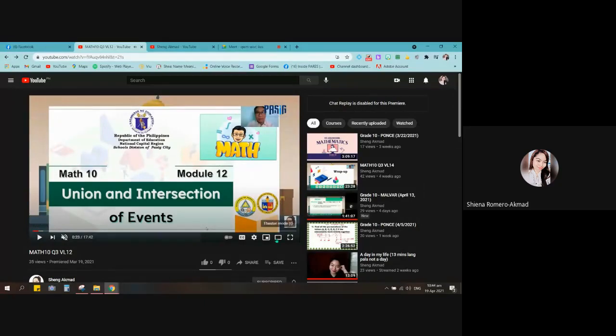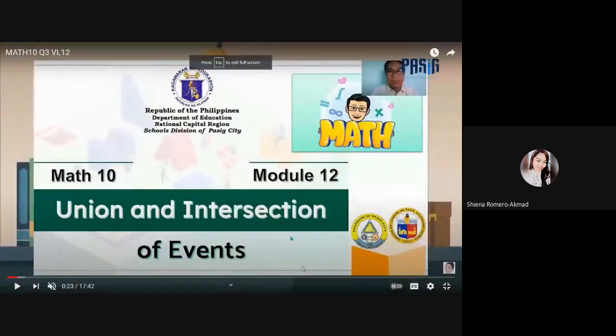Mas simple yung lesson na to. Bakit? Kasi you know this already when you were in grade 7. Naituro na to sa inyo. And what you need to remember, yung konsepto ng union and intersection. When we say union, you're going to combine the elements.